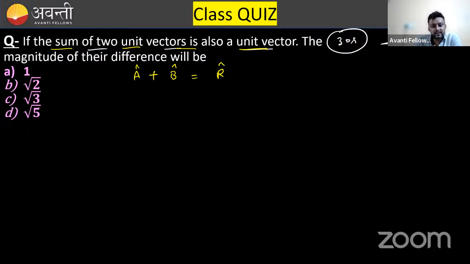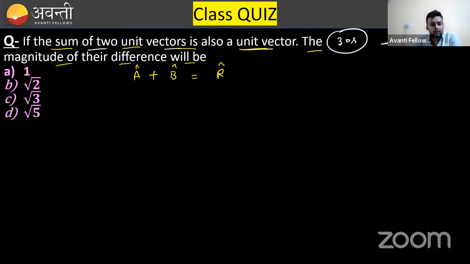So what are they saying? They are saying, what will be the magnitude of their difference in that situation? So first of all, what is given? I will try to make an equation with that. You know what a unit vector is? A unit vector is something which has a magnitude of unity. That means which has one magnitude. Are you getting my point? So unity magnitude.